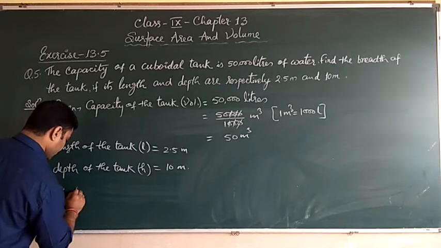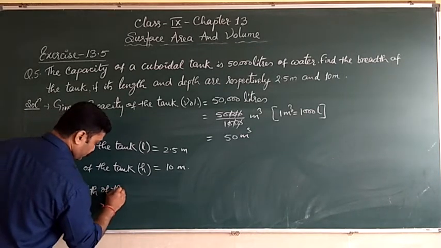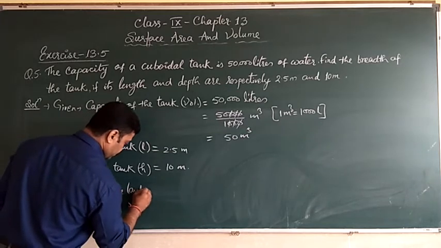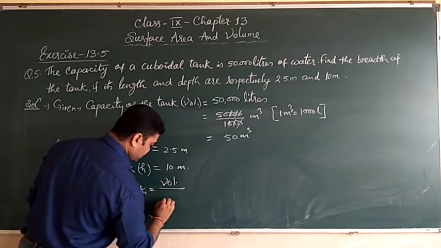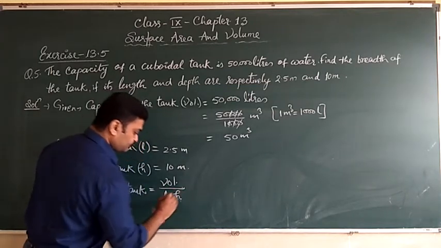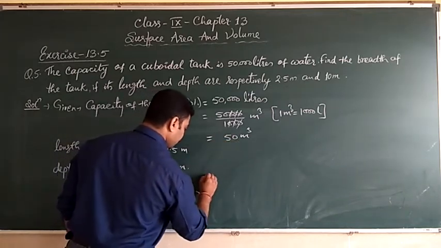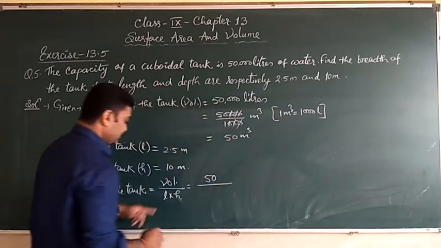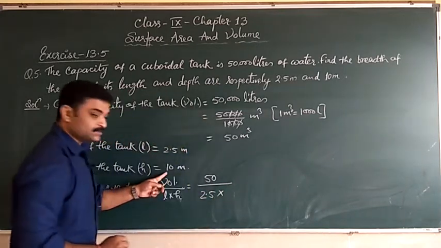Therefore, width of the tank is equal to volume upon length into height. So volume is given 50 meter cube upon length 2.5 into height 10.